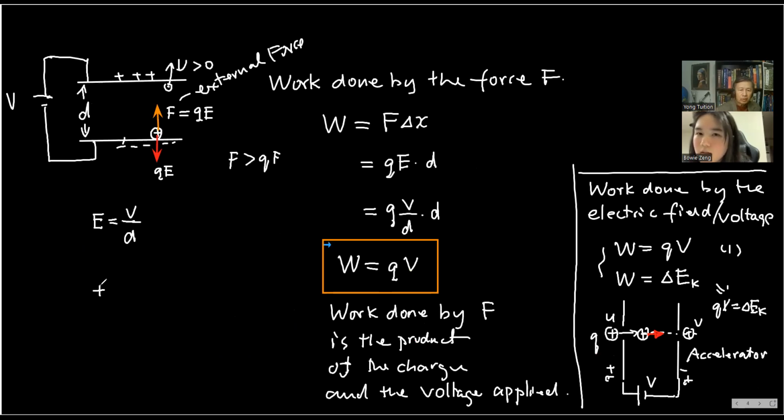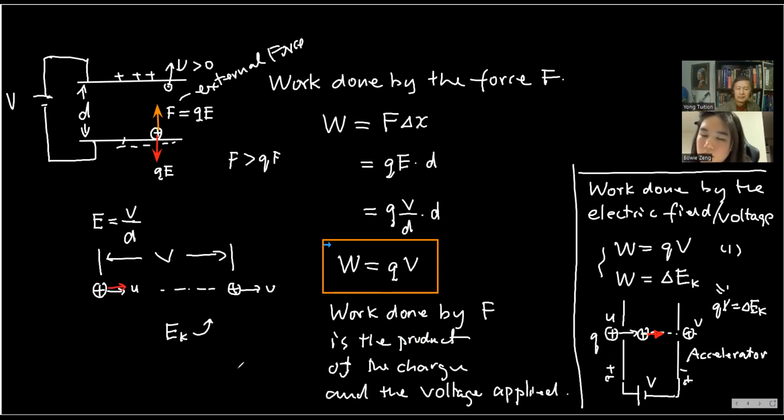If the particle is too slow, we can apply the voltage so that after a while the velocity will increase. Their kinetic energy increases if you put them into the accelerator. That's why it's called an accelerator, as long as the force is towards the direction of motion, not against it.